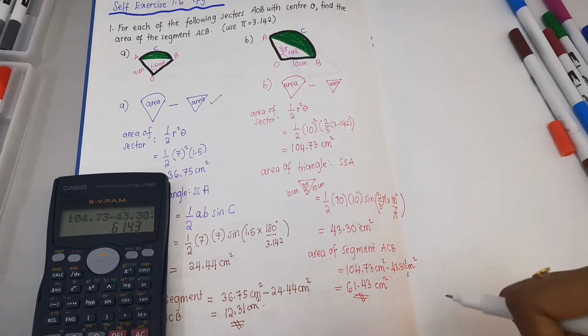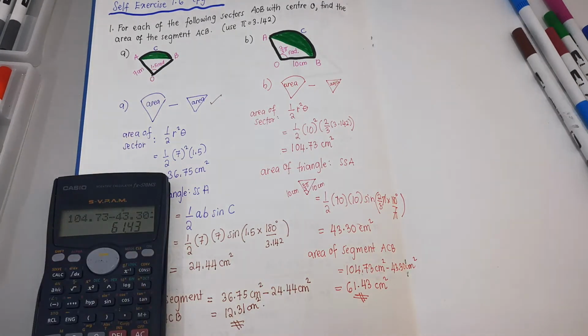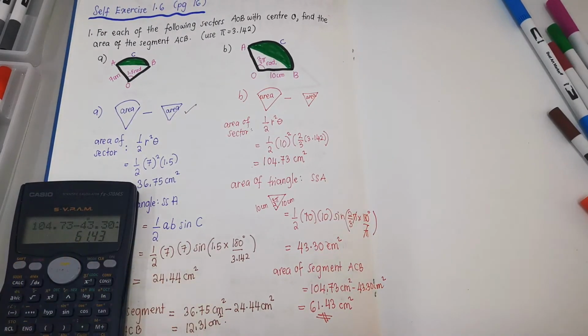Did you get it? If yes, just say yes or give a thumbs up or an emoticon that you got it as well. Okay, moving on to C and D, which I think you guys can try as homework, so you can also refer to the answer. C's answer is 2.049 and D answer is 42.52.